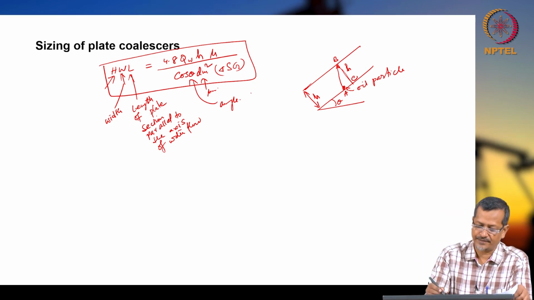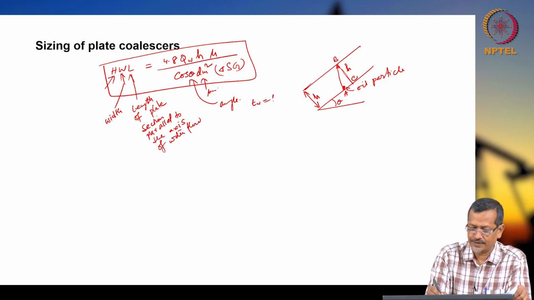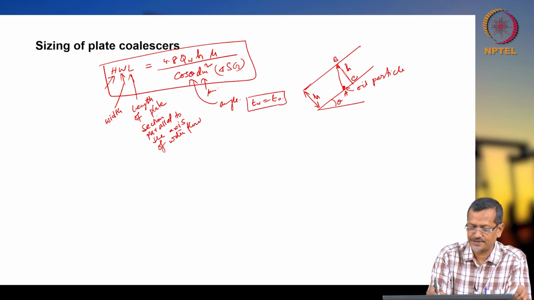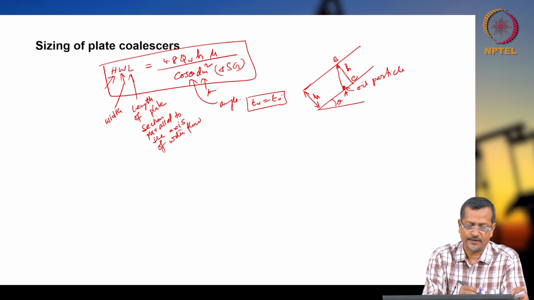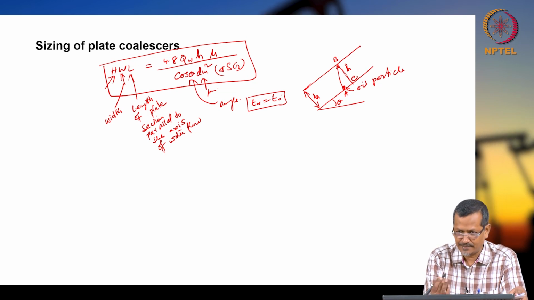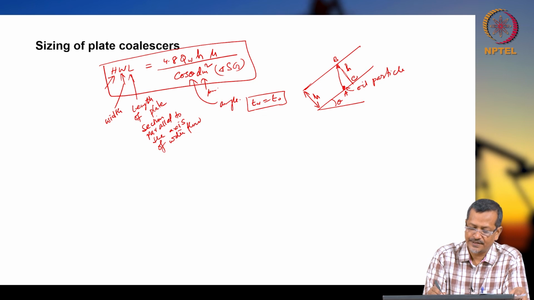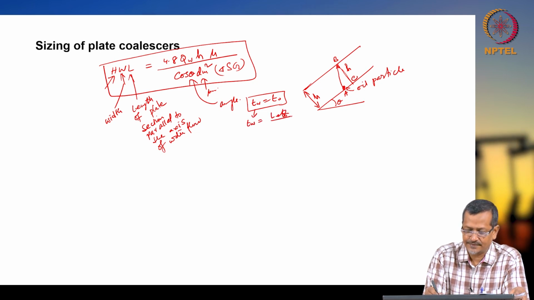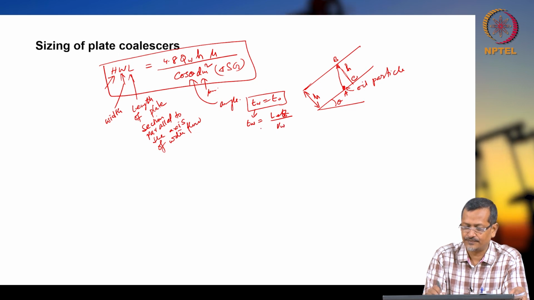Now how to derive it? TW equals TO, we know the basic formula already: oil time and water time are equal, the retention time. So TW equals effective length divided by VW.